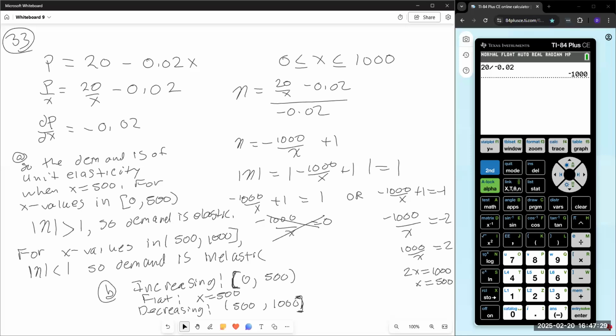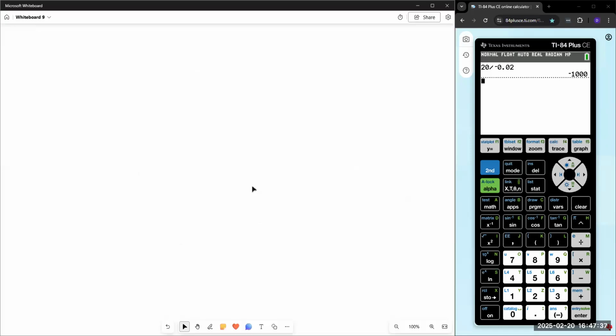Let's look at number 34. 34 gives us the demand equation P equals 800 minus 4x, with the restriction that x has to be between 0 and 200 included.